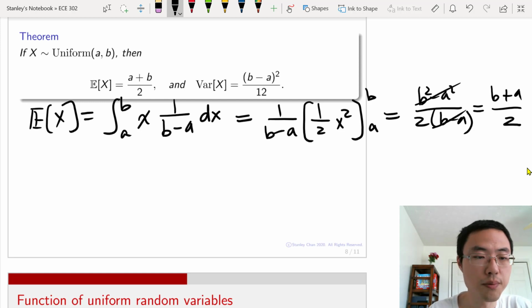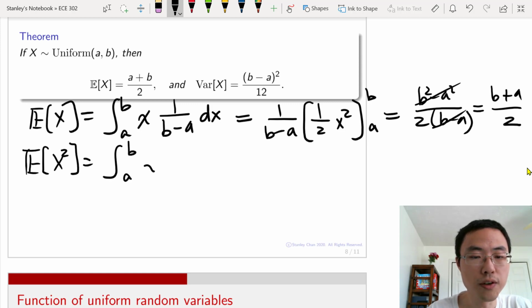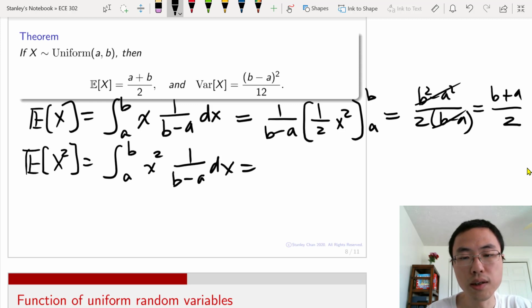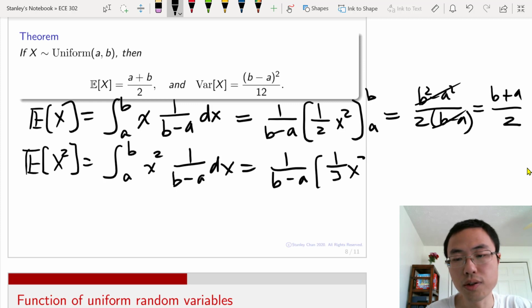The variance can be computed by first finding the second moment. The second moment is the integral from a to b of x squared times 1 over b minus a dx. And so that is 1 over b minus a times 1/3 x cubed from a to b.